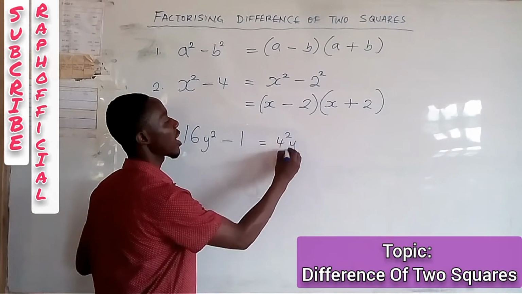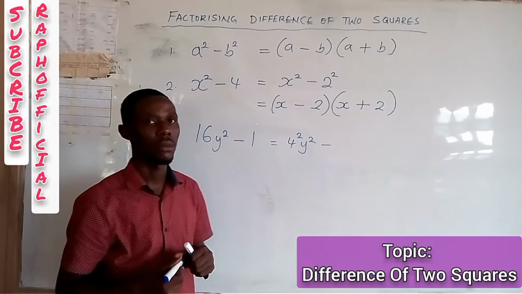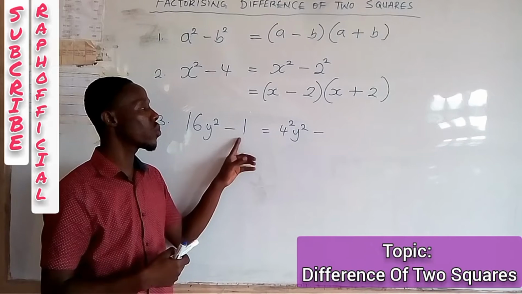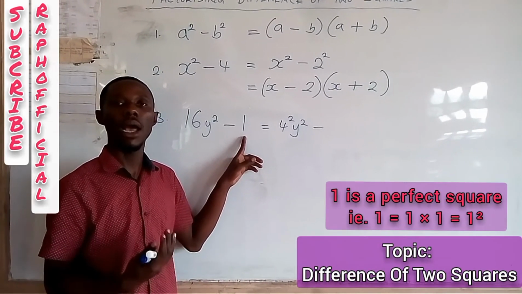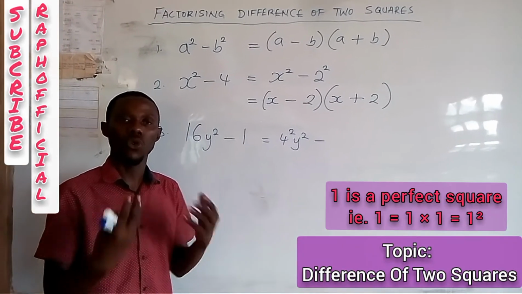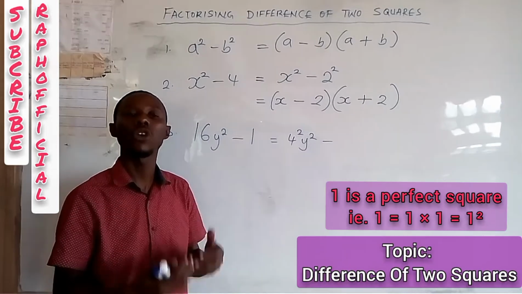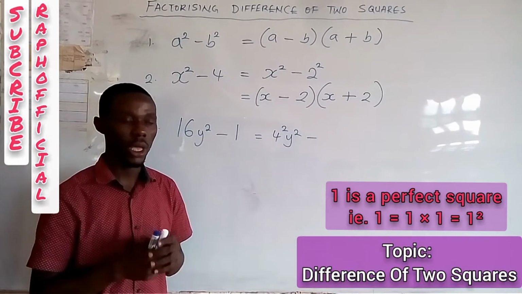So y squared minus. You ask yourself, is 1 a perfect square? Yes, it is a perfect square. Why? 1 times 1 will give you 1. 1 squared is equal to 1. Therefore, 1 is also a perfect square.